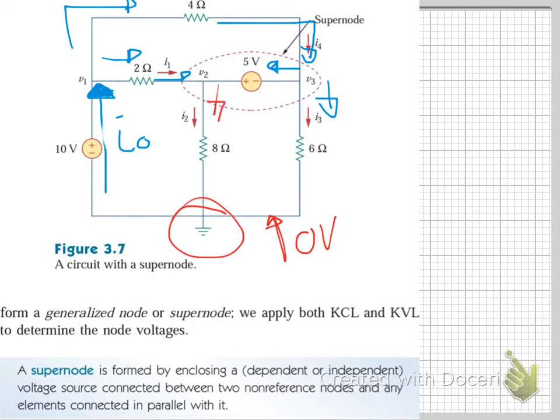So this current I2, because you've got a voltage source here, you cannot force current to go through this way. So this current that's going this way, that is created by this 5-volt source, comes and meets here, and then bam, this current I1 combines with this purple current to make I2.